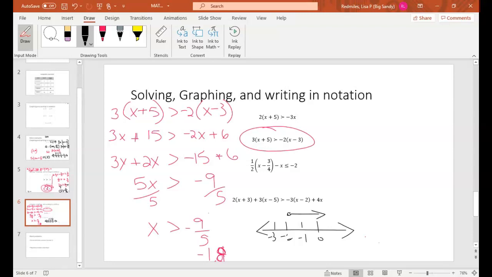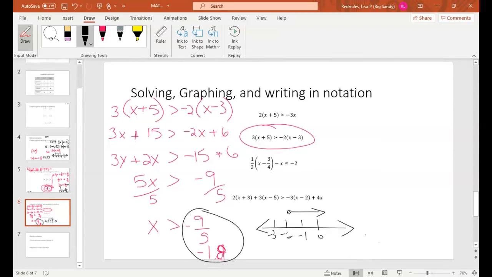So you can put either one of these numbers. I'll put the -1.8 to infinity. And that means the set of all x's such that x is greater than, and again, I can put -1.8 or I can put -9/5.